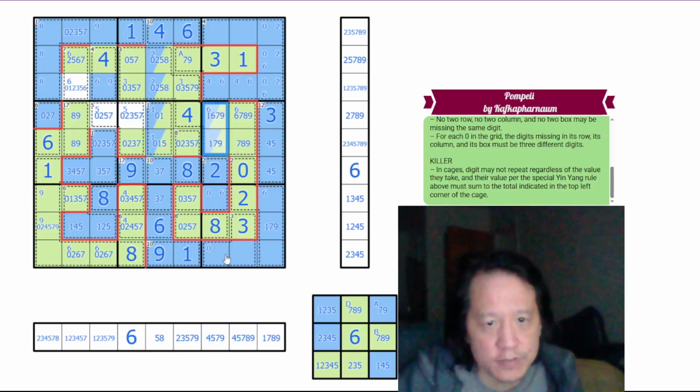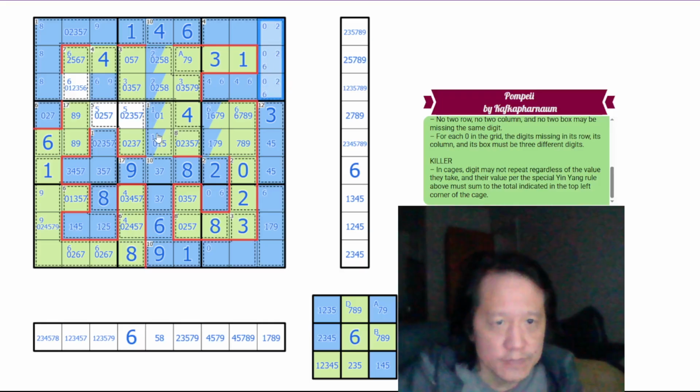We're guaranteed a 1 there. We have to have an 8 here, so it's one of these 5. We have to have a 2, so the 2's over here.